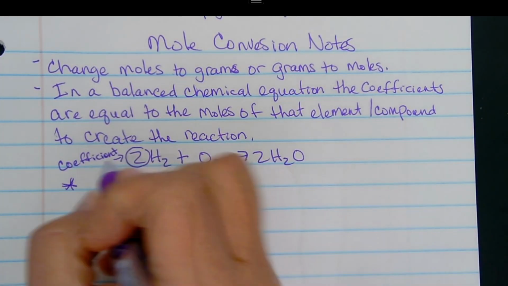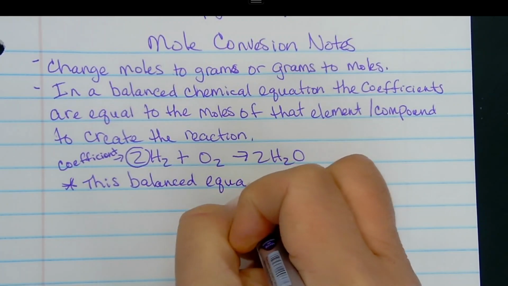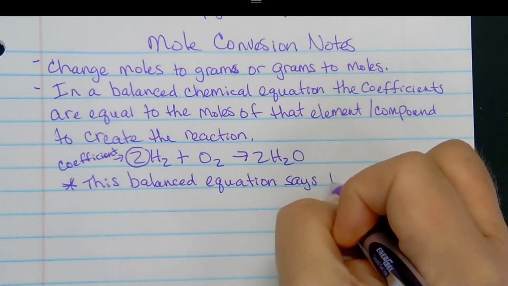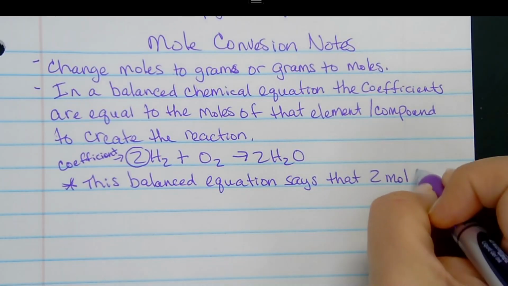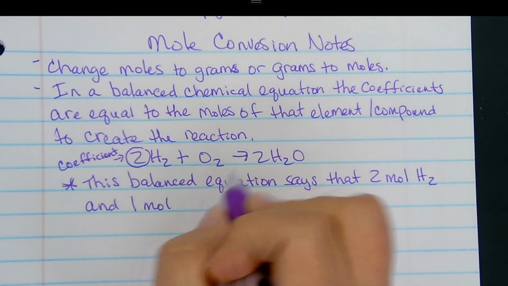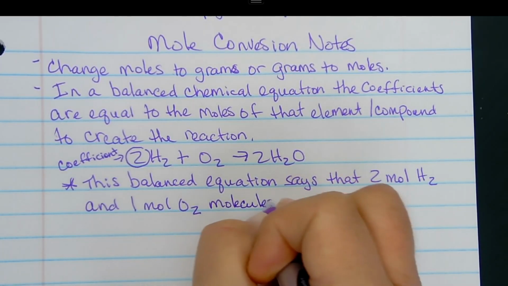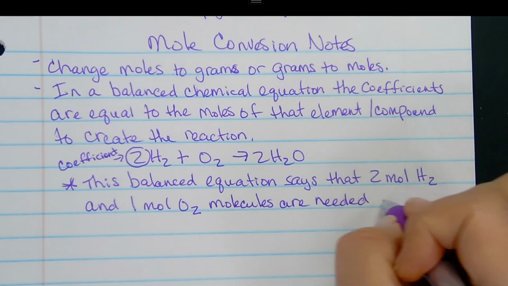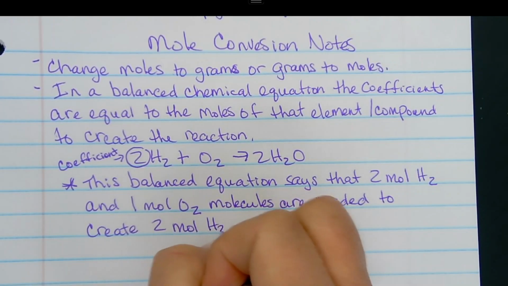So this balanced equation, if we were to read this equation out in words, says that 2 moles, and we're going to shorten moles to MOL probably from now on, of hydrogen and 1 mole, because if there's no number, it's 1, of oxygen molecules are needed, okay, to create 2 moles of water, okay?